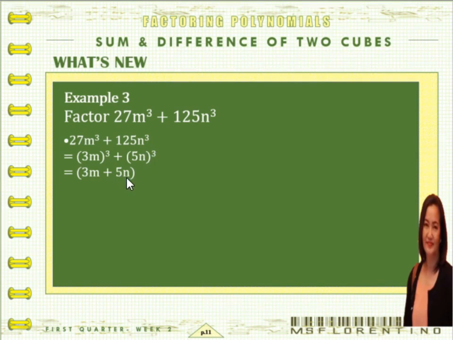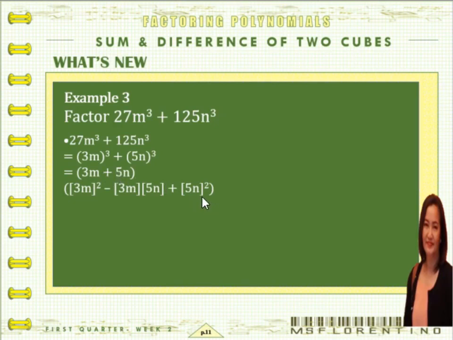To get the trinomial factor, the first term is the square of the first term of the binomial factor. So I have 3m raised to the power of 2. To get the third term of the trinomial factor, we square the second term of the binomial factor.